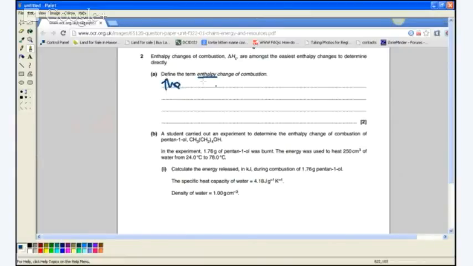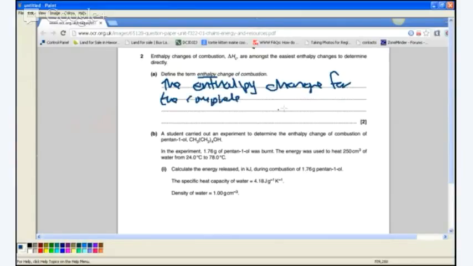So the first mark I took, the enthalpy change for the complete combustion, because in the previous question you looked at incomplete combustion, and you've got to say it's the complete combustion.